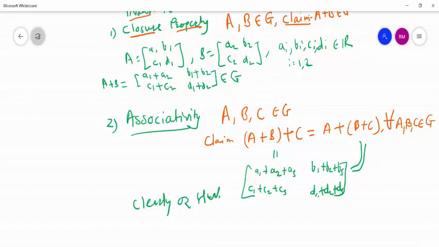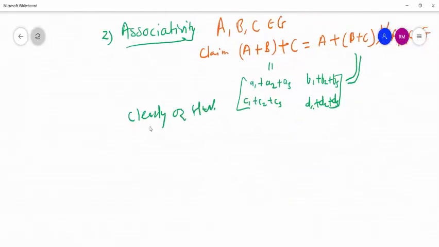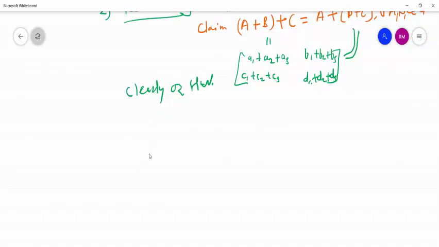Let us show the third property, the third condition of a group. Up to now we have shown the first is closure property, the second is associative property.